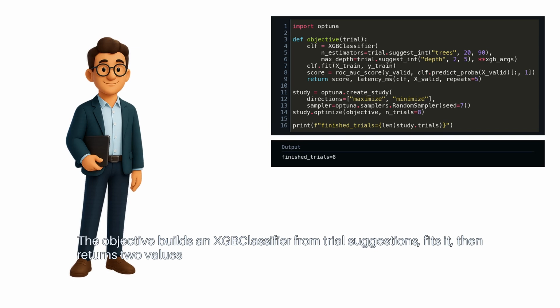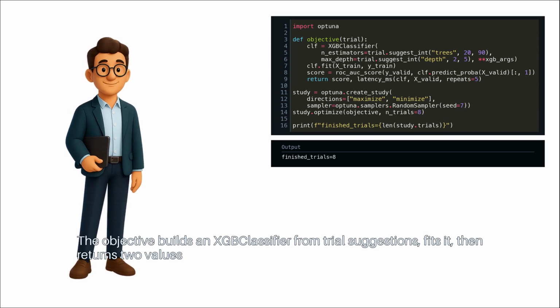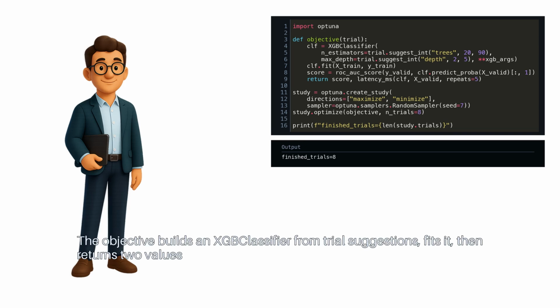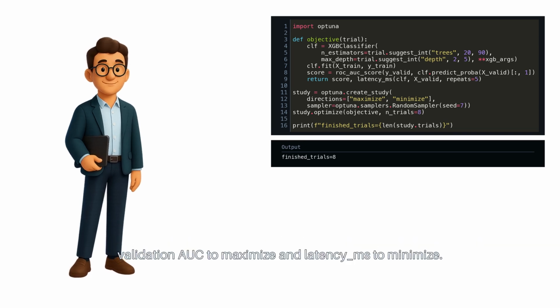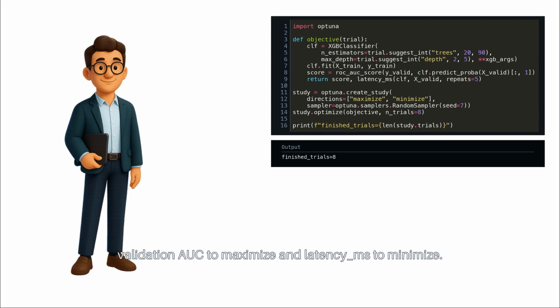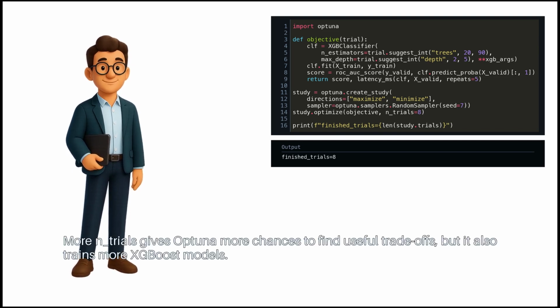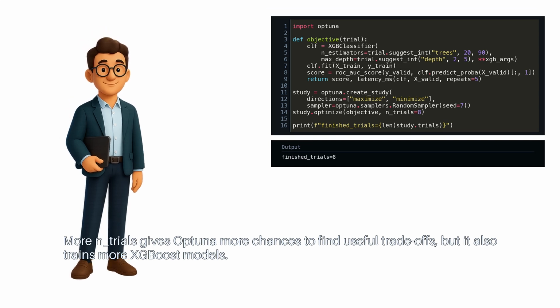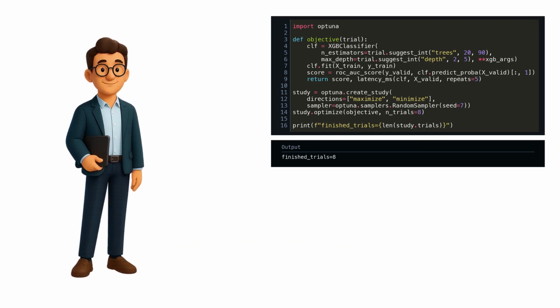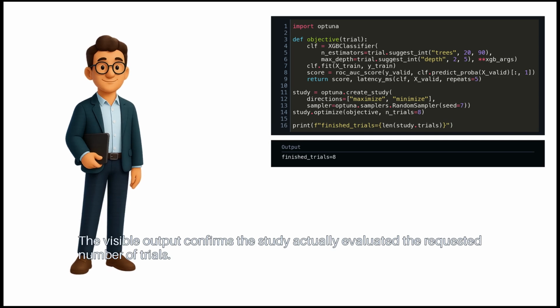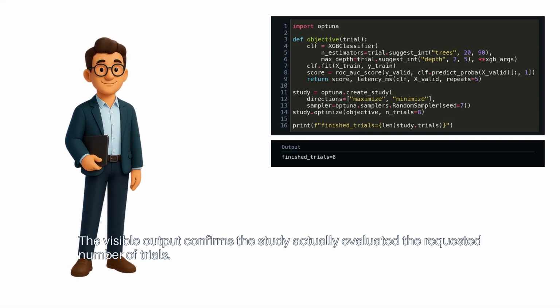The objective builds an XGBClassifier from trial suggestions, fits it, then returns two values: validation AUC to maximize and latency_ms to minimize. optuna.create_study receives directions in the same order as the returned tuple, so the meaning stays explicit. More n_trials gives Optuna more chances to find useful trade-offs, but it also trains more XGBoost models. The visible output confirms the study actually evaluated the requested number of trials.